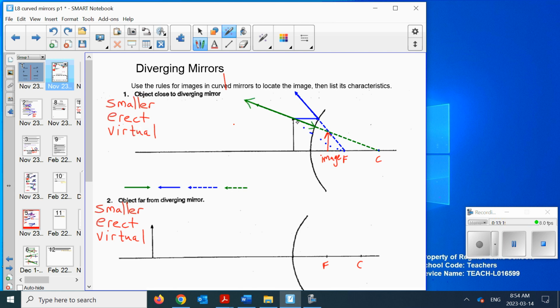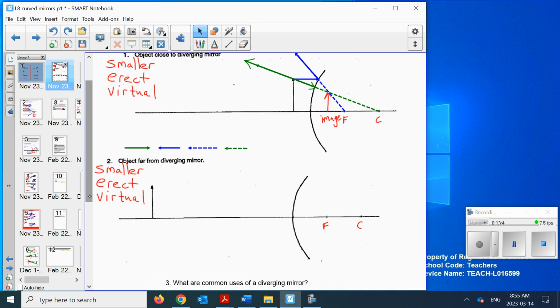And then I say, bang, hits the mirror, and then it goes parallel, and then gets there. We're predicting the same image, but I find that one confusing to use because you have more dotted lines. So I don't recommend it. You can. You'll do the same thing, but when it's farther away, it just means it's smaller.